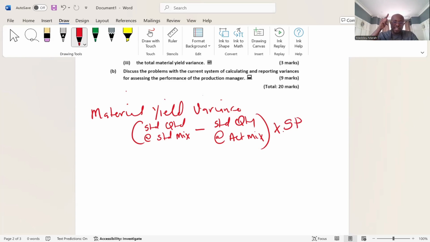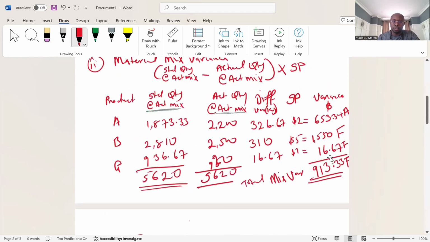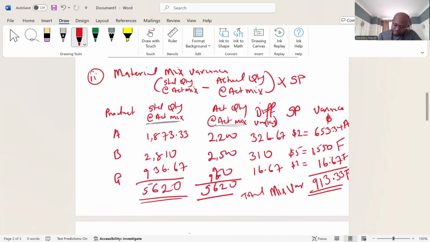Before we continue, let's focus on one thing. In the mix variance formula, we have standard quantity at actual mix. This is the same thing. So just copy everything and bring it to your formula.